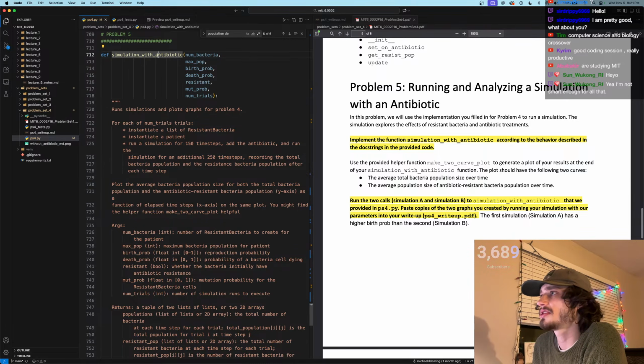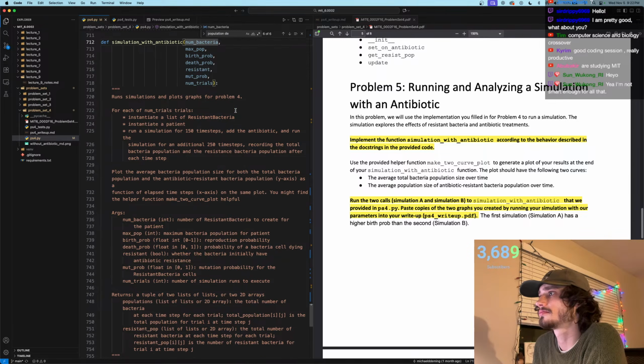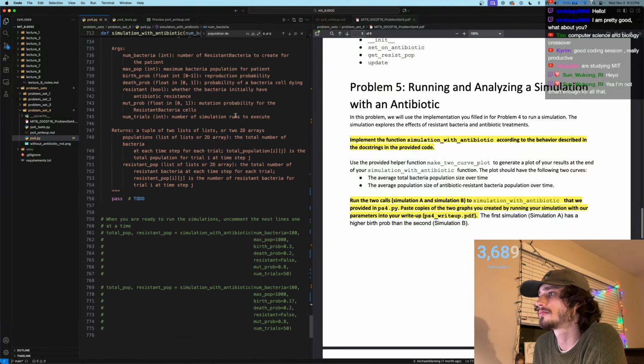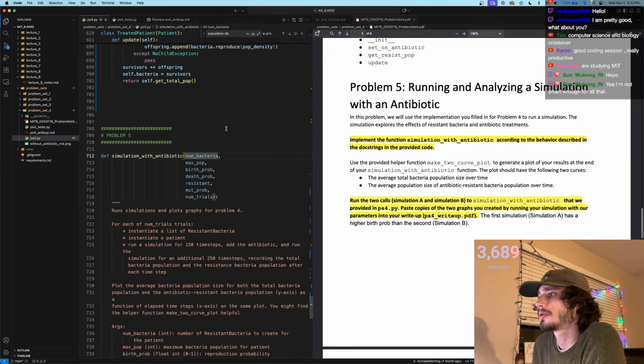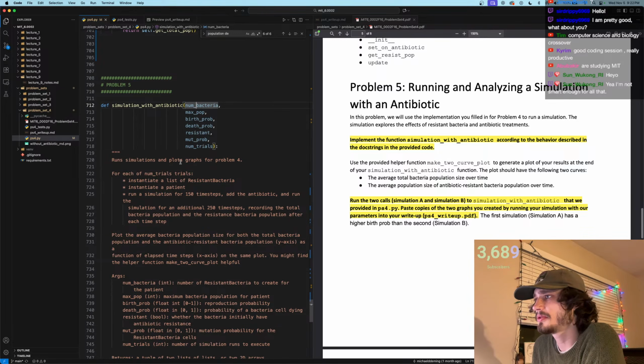Okay, simulation with antibiotic. Okay, so now we need to run simulations and plot graphs for problem 4 for each of the number of trials.